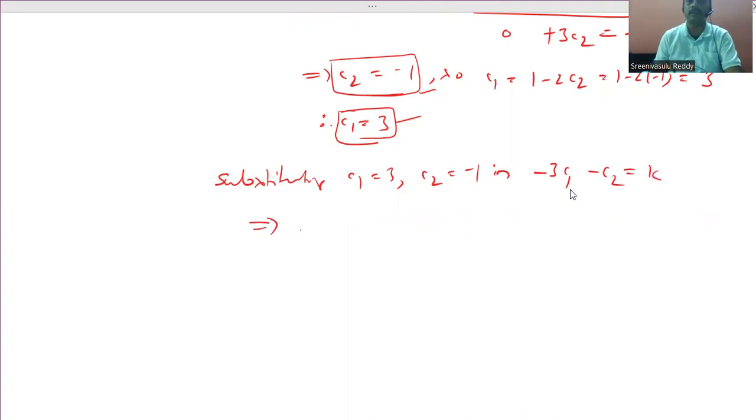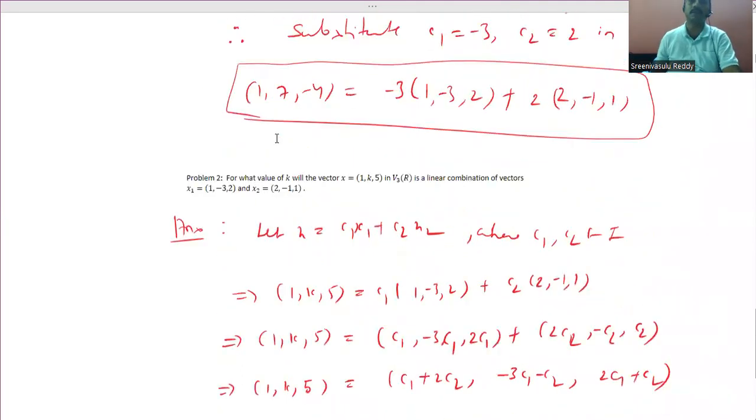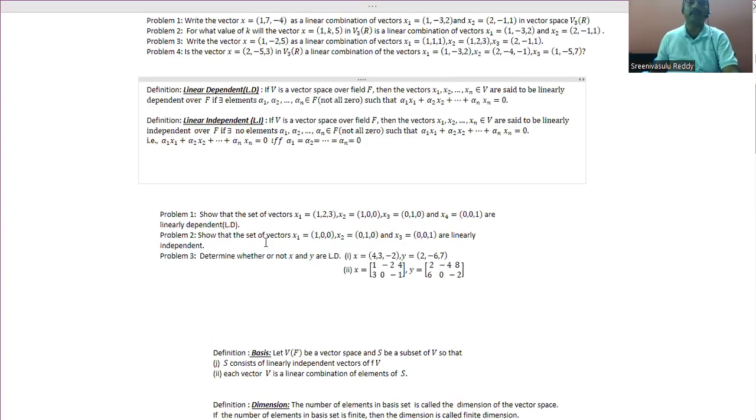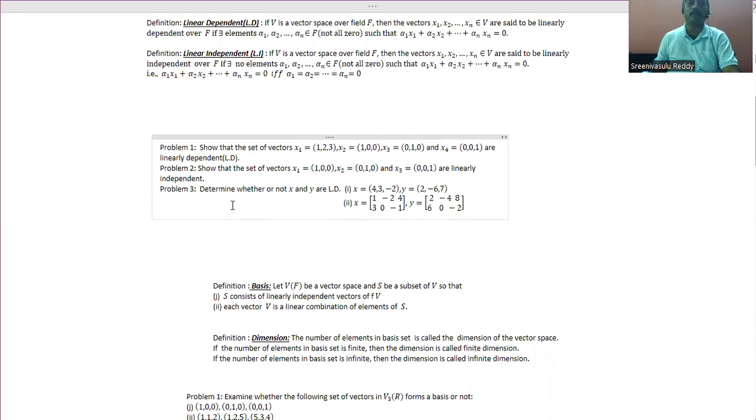That implies minus 3 times 3 minus of minus 1 equal to k. That implies minus 9 plus 1 equal to k. That implies k equal to minus 8. That's all. K value is minus 8. This is the second problem. Third and fourth I will explain, and do yourself as homework or assignment problems.